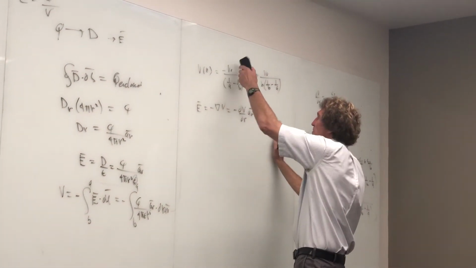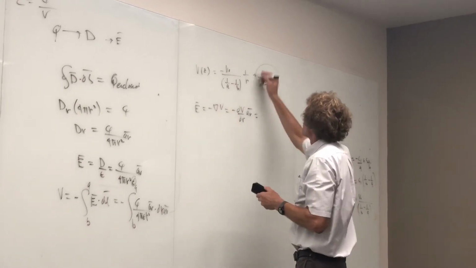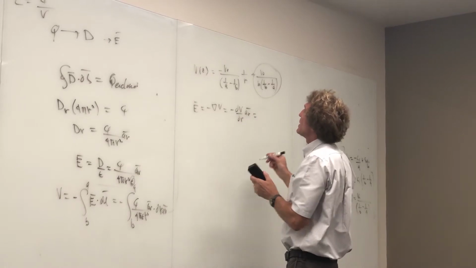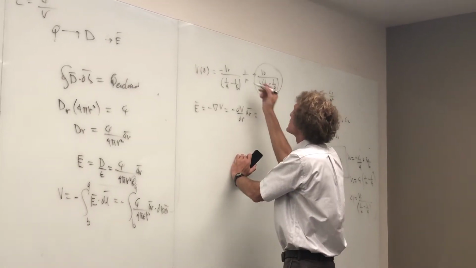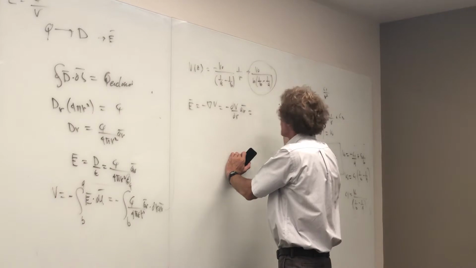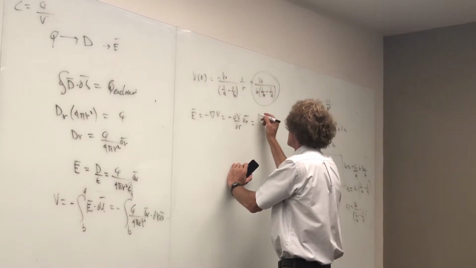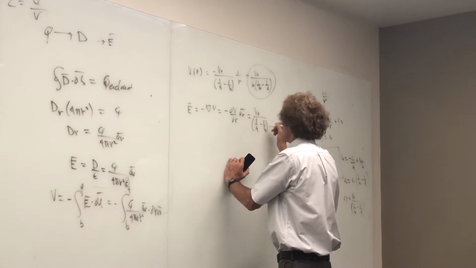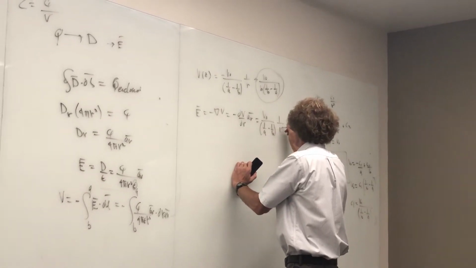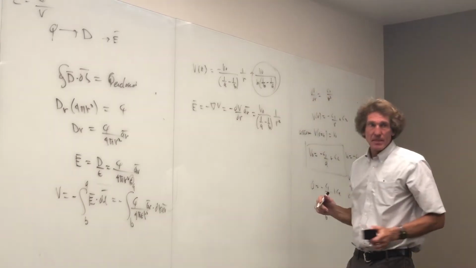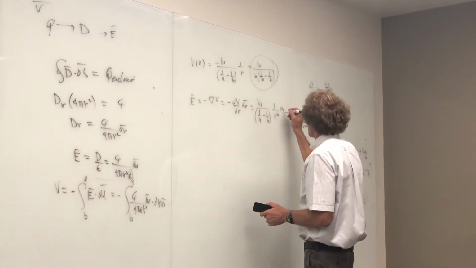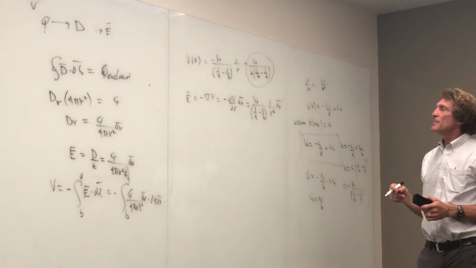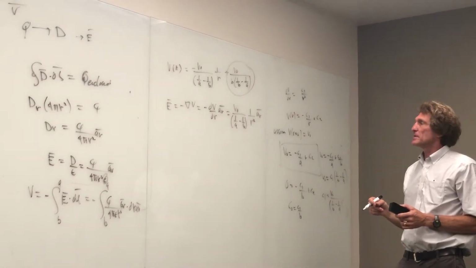Derivative of this with respect to r would be minus that quantity over 1 over r squared, or it becomes simply V naught over (1 over A minus 1 over B), divided by 1 over r squared. Do y'all see what I've done there? And that's in the a_r direction, by the way. Gradient operator is a vector. So that's the E field. If I got the E field, how do I get the D field, people?